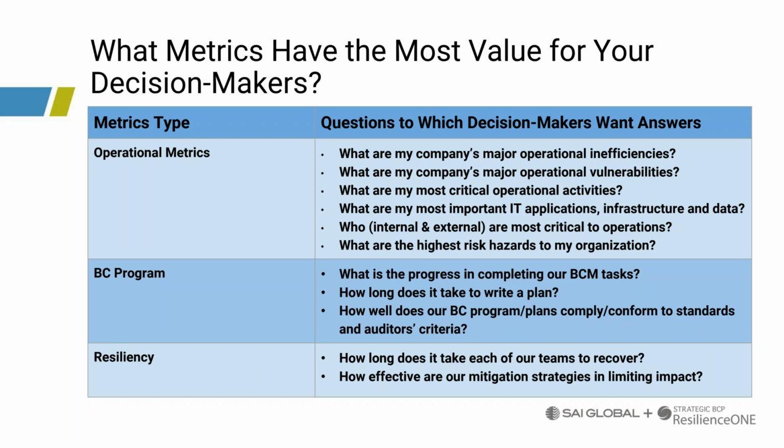We can look and see what our most important IT applications, our infrastructure, our data, and our vendors are, so the people internal and external that are most critical to our operations. What are the highest risk hazards? When we're prioritizing the supporting items, which we call support components, resources, interdependencies, dependencies, basically the different items that are supporting the business operations, we assess how important they are to operating our organization.